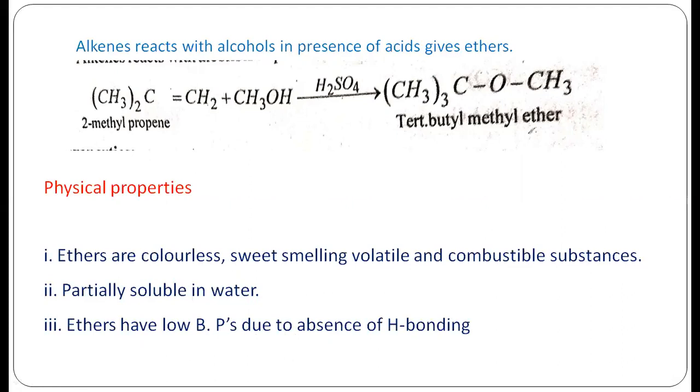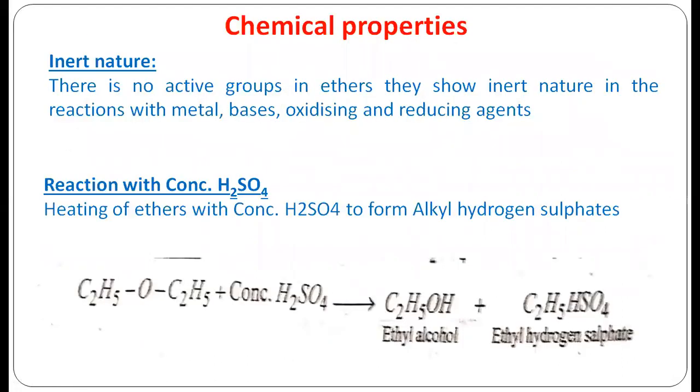Now the chemical properties: there is no active group in ethers, so they show inert nature towards metals, bases, oxidizing and reducing agents. Hence they have very few chemical properties. Actually, they are almost inert in nature.